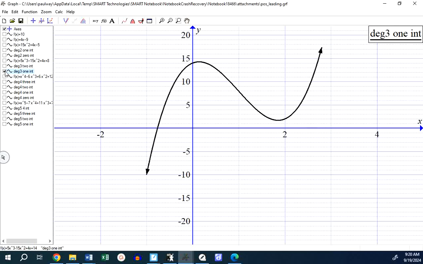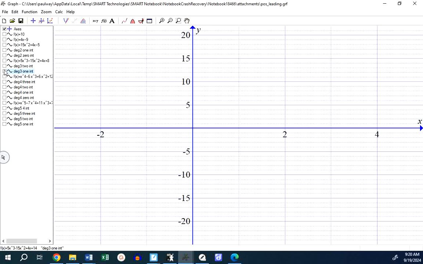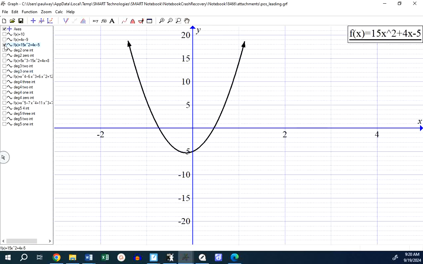What is it about this graph, and I see you guys shaking your hands, that this type of graph must cross the x-axis somewhere, but this type of graph doesn't have to cross it somewhere? What's the significant difference in the shapes of the graphs? The direction of the arrows.